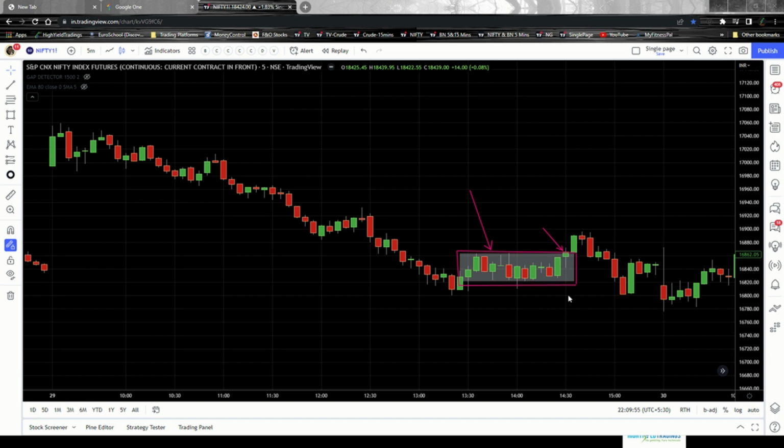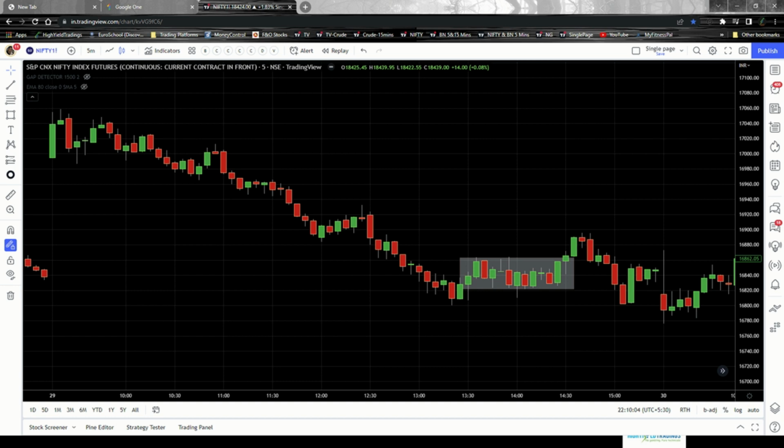Right? Let me take off the pink lines so that things are clearer. Let me make it a bit bigger. So as you can see here, this very candle, the 2:30 p.m. candle, was the candle which actually breached the consolidation zone and closed above it.